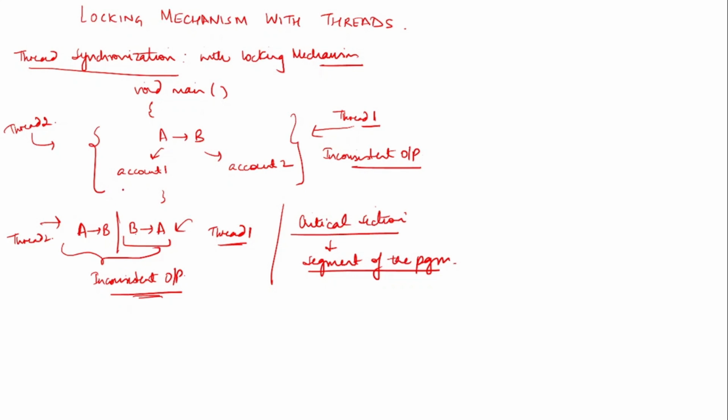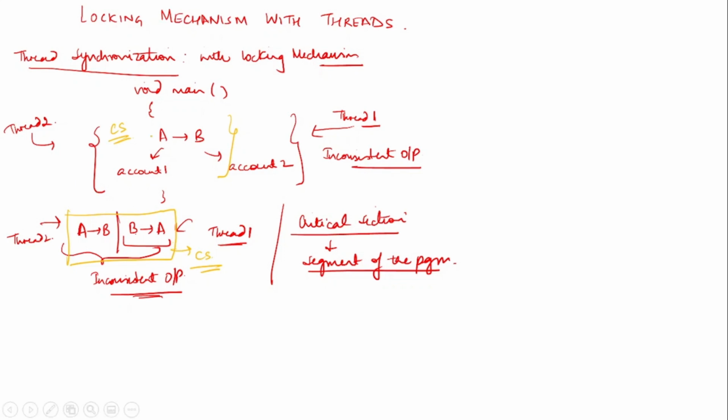So let's say in this particular concept I might say that this is the critical section of my program. In this particular concept I would say that this is again a critical section of my program.